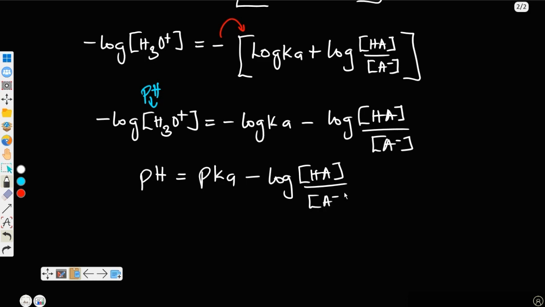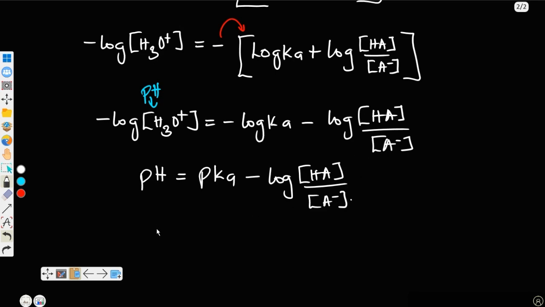Then you have minus log HA all over A minus. Now listen, there's a manipulation we have to do here. By the logarithmic law, if we want to make this side positive, we can do that by taking this one up and taking this one down and then putting minus 1 on top, because minus 1 is like the inverse.